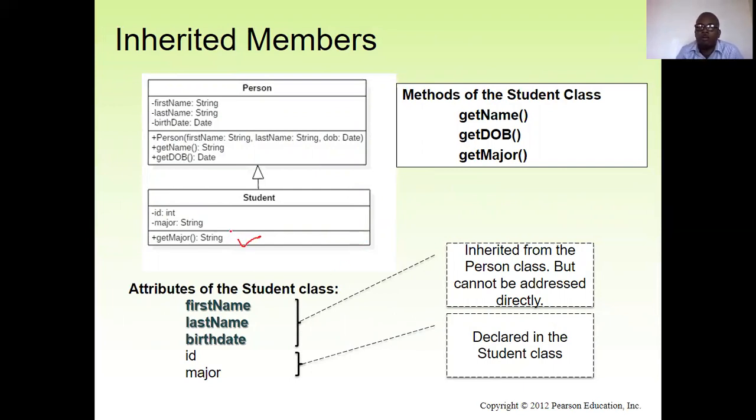Yes? Obviously, the others here came from the parent class. Yes? Get name and get DOB. So the attributes also, right, come from the person class, and we realize that we have the first three, which are these here, and then the two that are specific, which is ID and major to student. Right? Everybody with me so far?